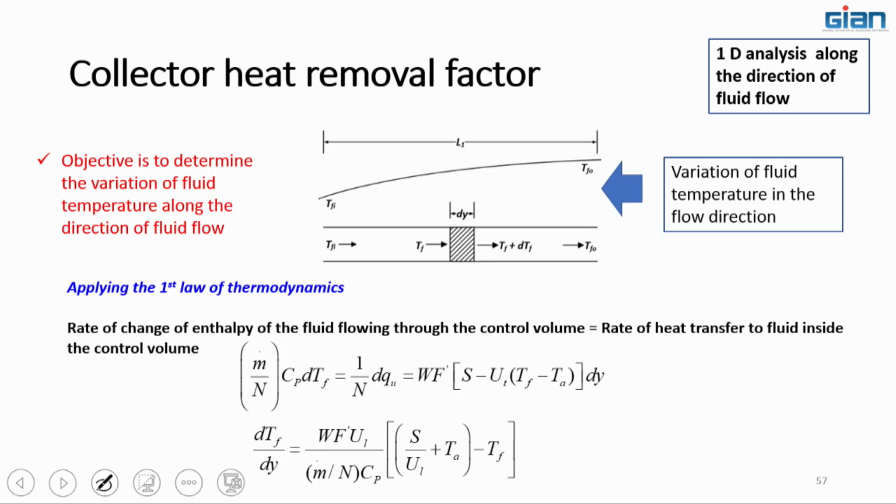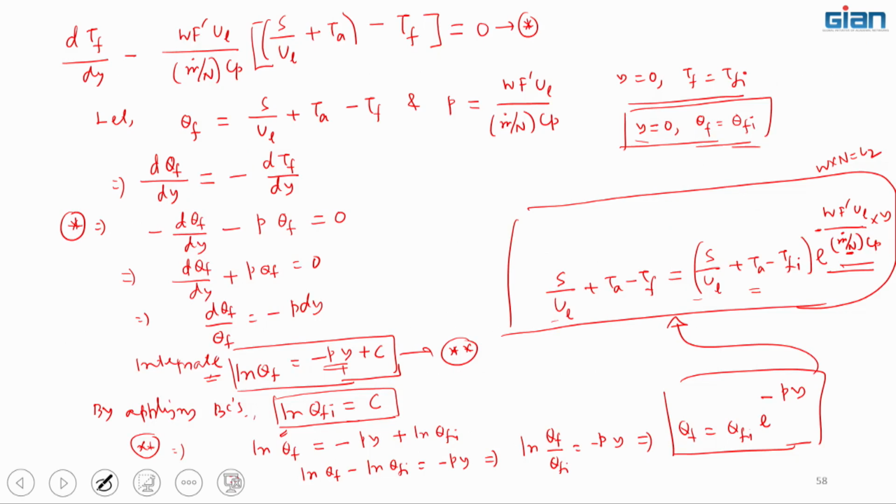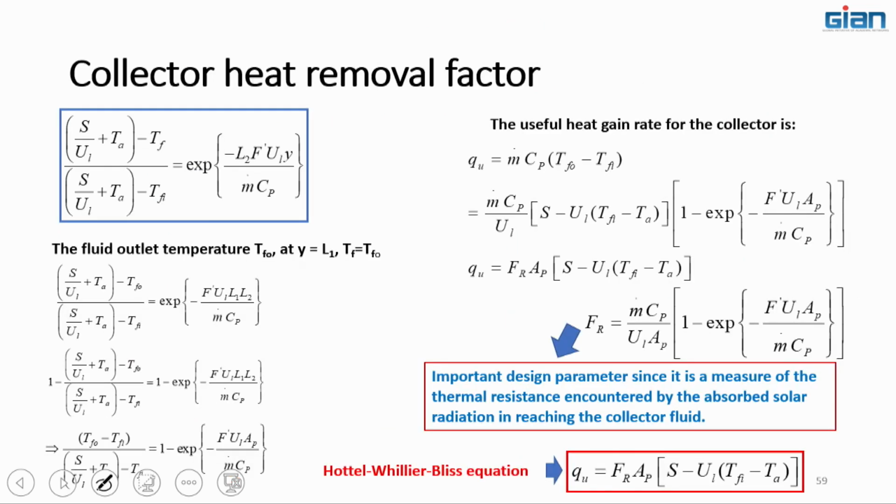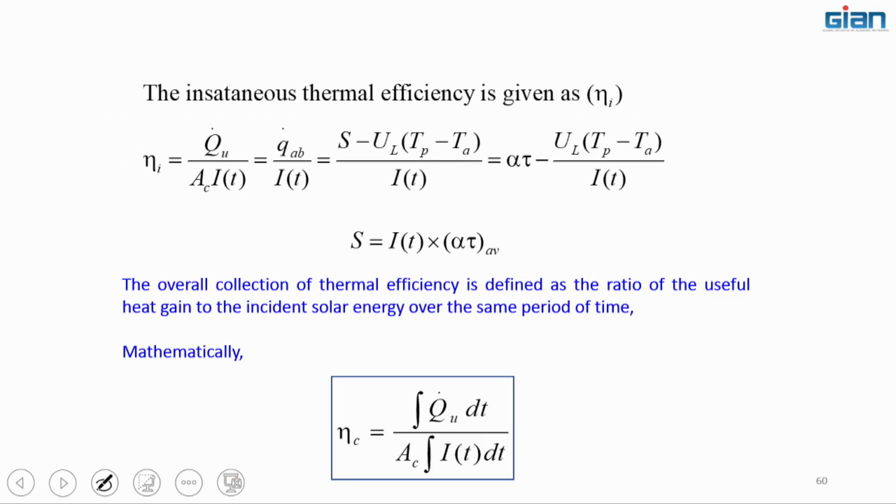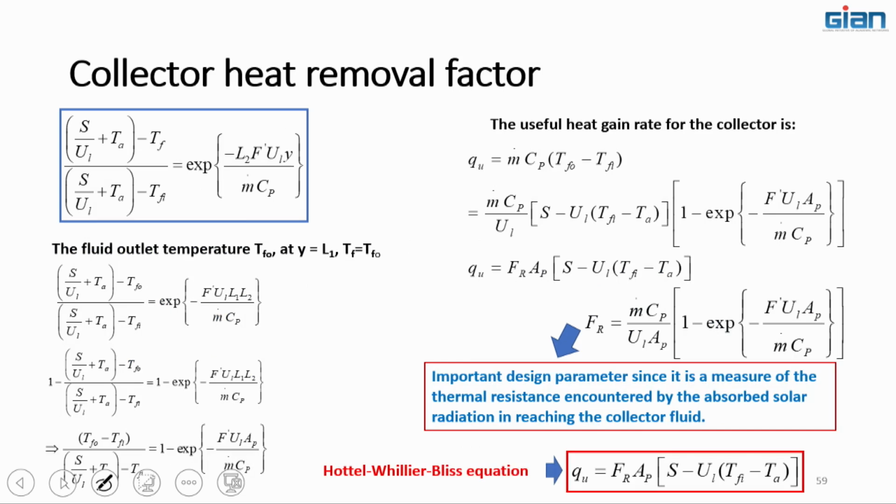So the collector heat removal factor I can get. These are some of the calculations you can see, because we cannot discuss all these aspects here, but I will give you the information, you can do the analysis, and finally what you will get is this one, FR and QU. QU is FR times [S minus UL (TFI minus TA)], and this FR is something like this.